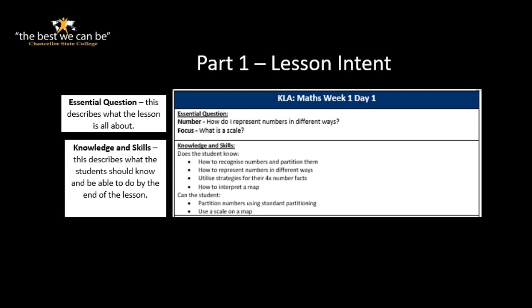The example that I have in front of me here is a maths lesson. The essential question says, how do I represent numbers in different ways? So that is the overall point of the lesson. Students will develop knowledge and a demonstrable skill. At the end of this lesson, students should be able to partition numbers using standard partitioning.